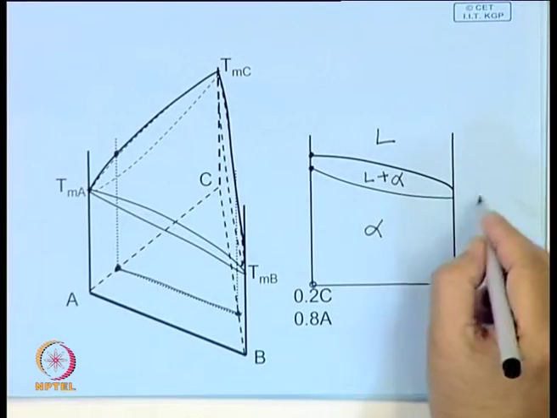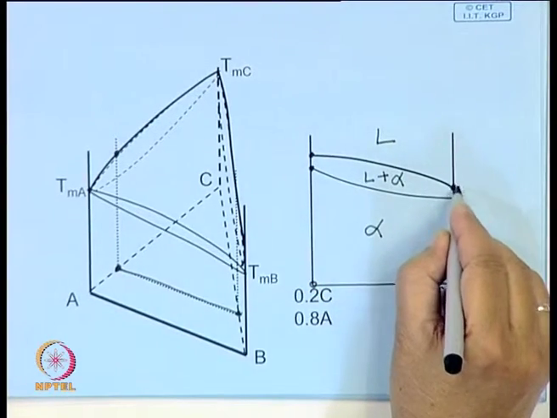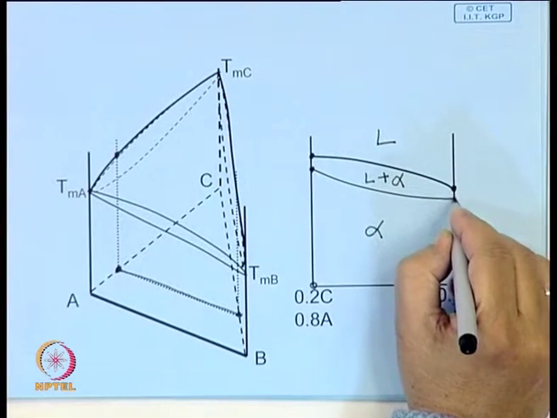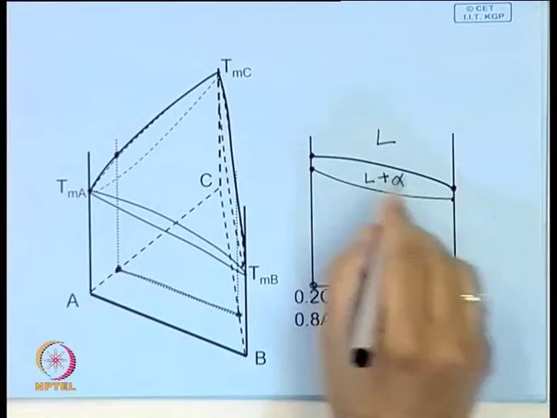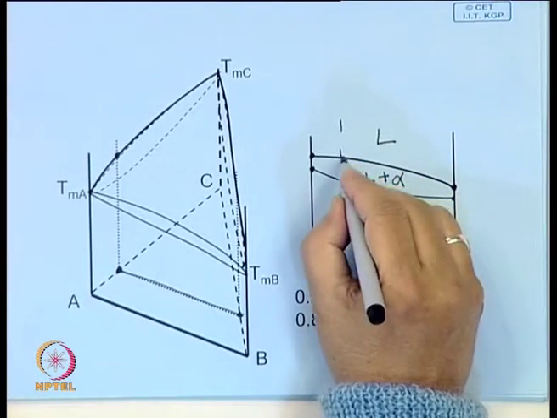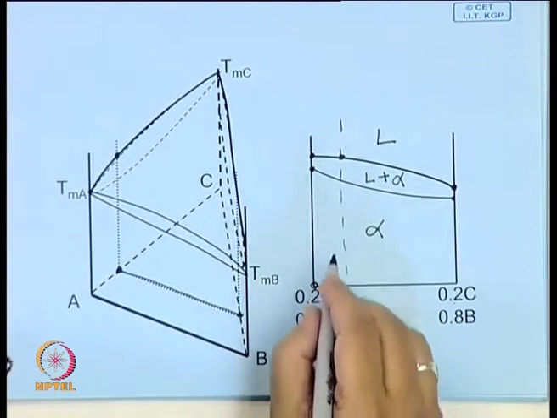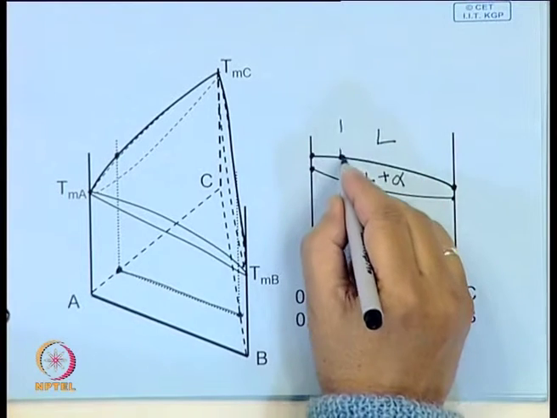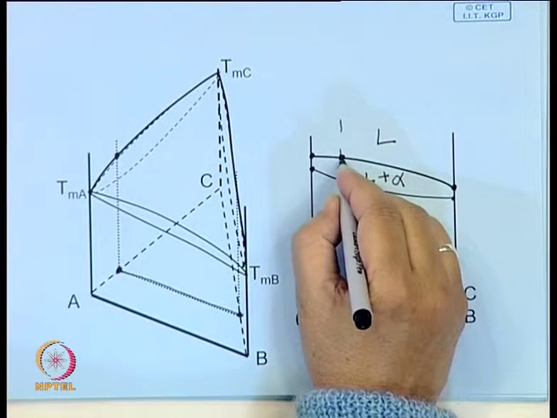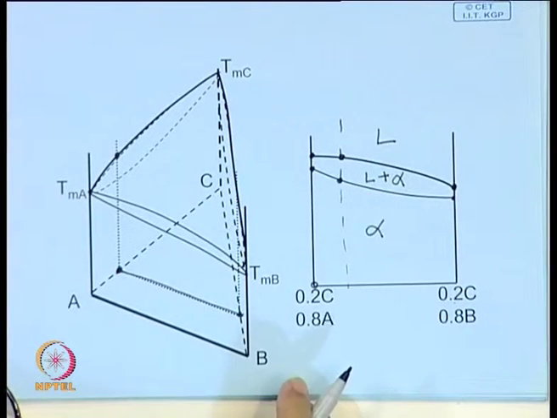In the same way here, you will find it intersects the liquidus surface and the solidus surface. In between, at any composition, this is where solidification starts, and this is the temperature where solidification is complete.